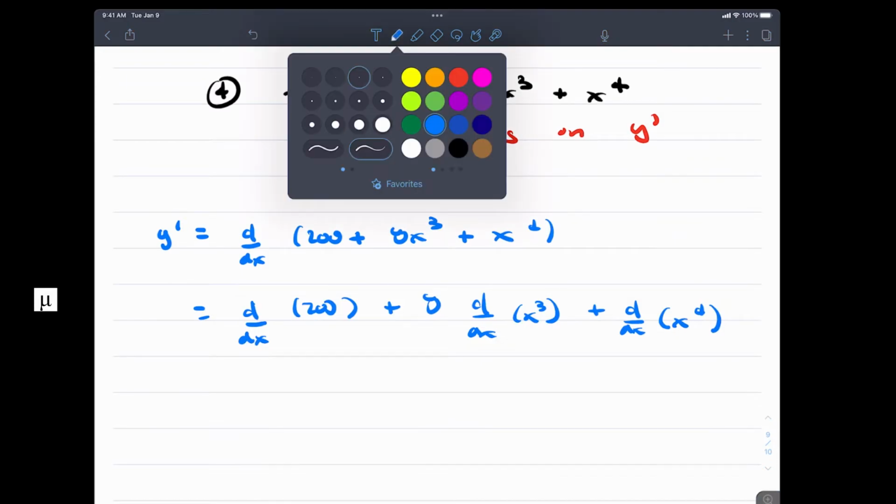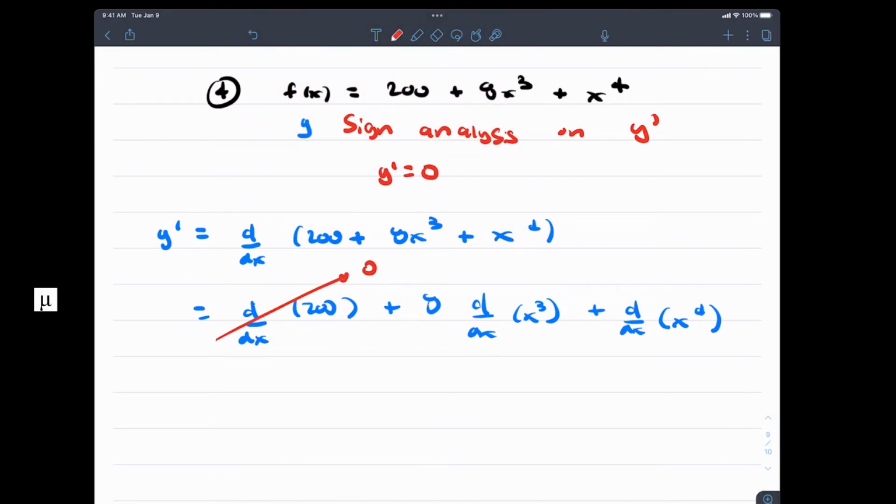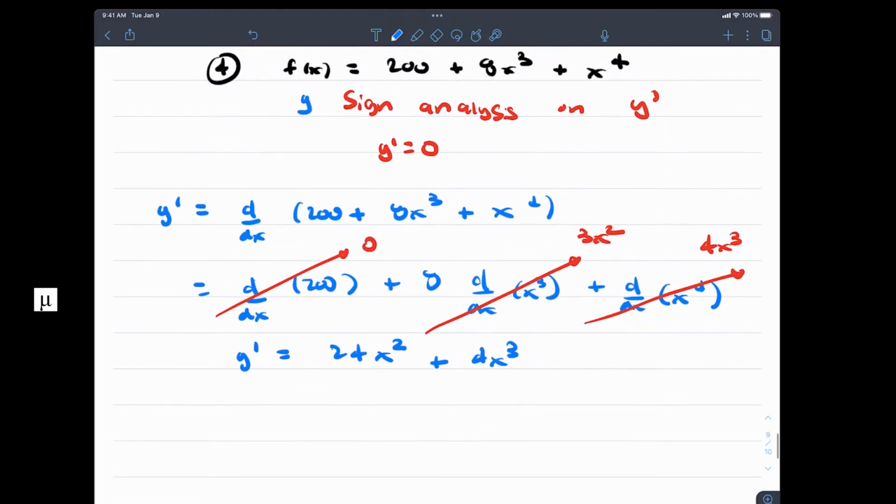Let's do some derivatives. What's this going to be? 0. What's this? 3x squared. What's this? 4x cubed. So y prime becomes 24x squared plus 4x cubed.